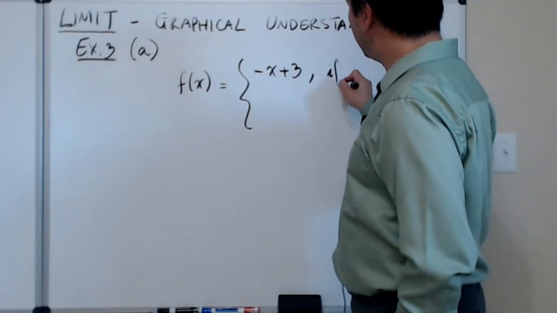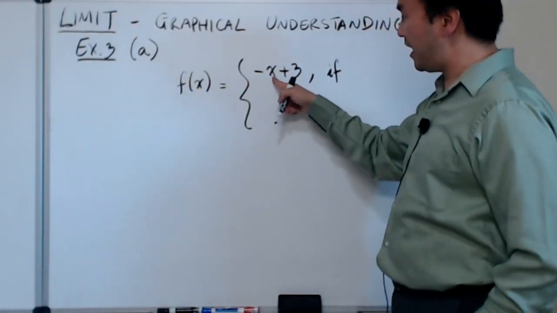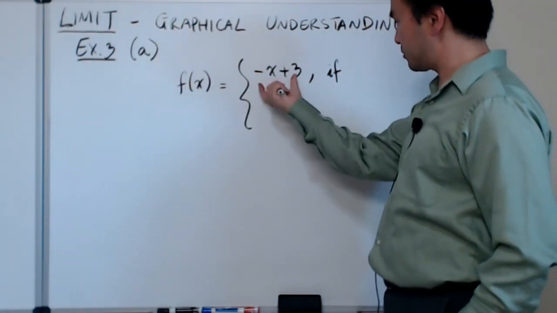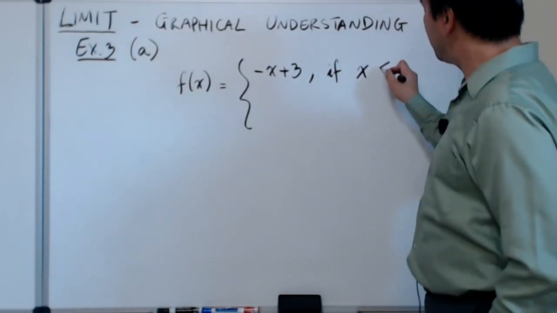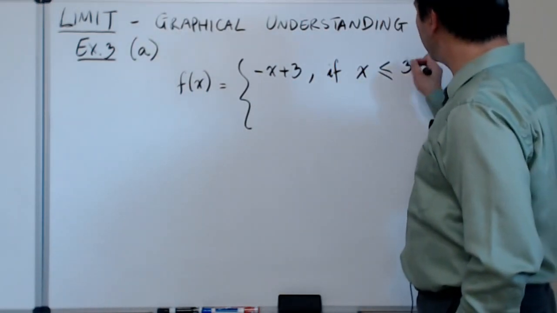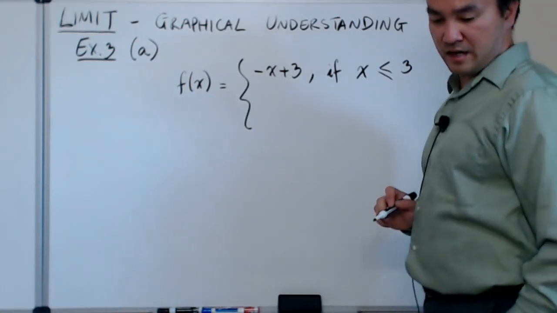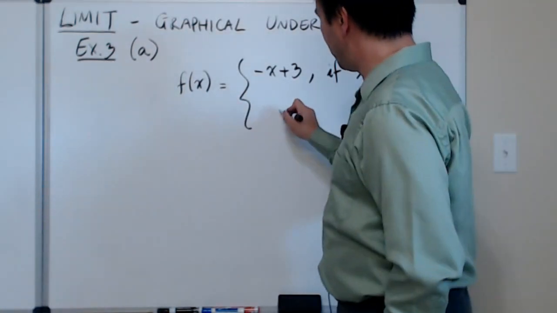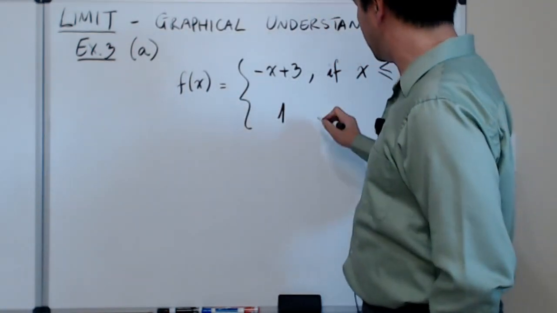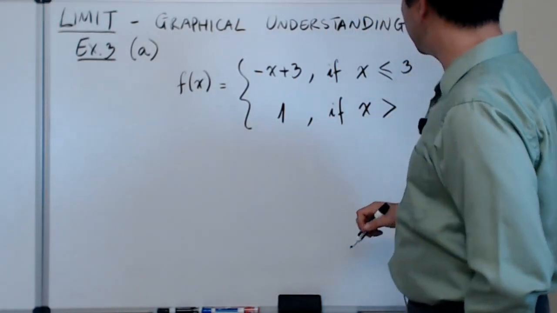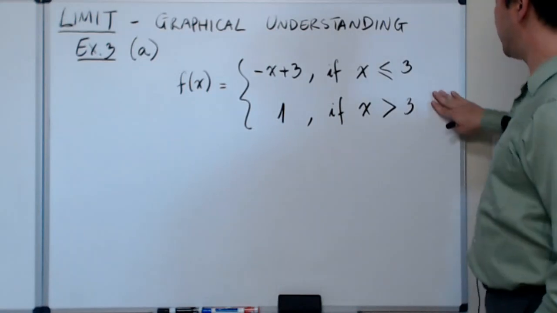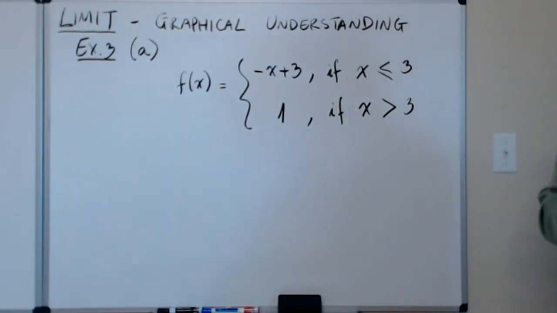So f of x is defined to be this expression, minus x plus 3, if we take any input x less than or equal to 3. And the same function equals a constant 1 if x is taken anywhere above 3.